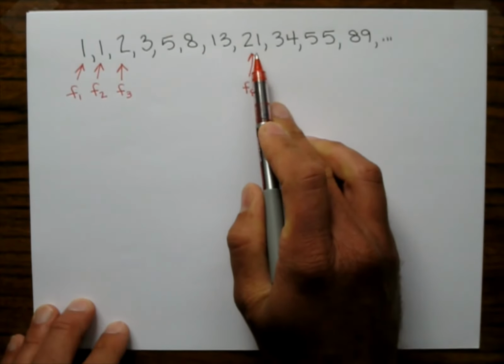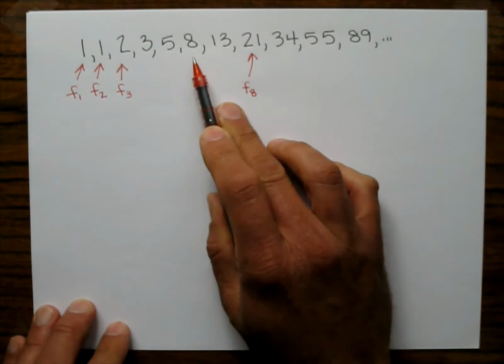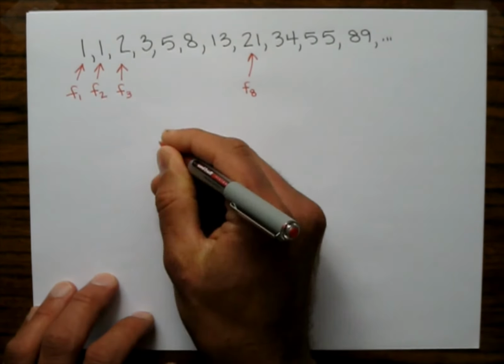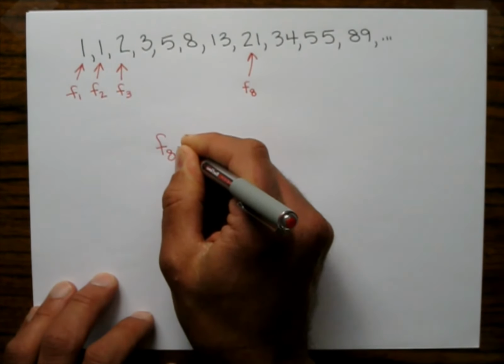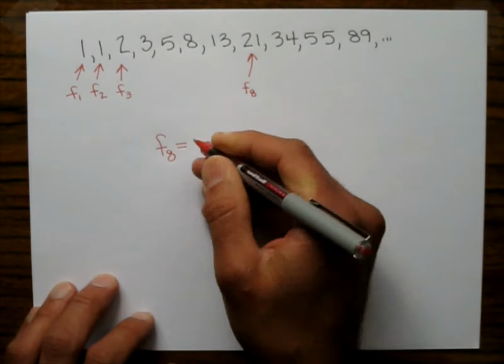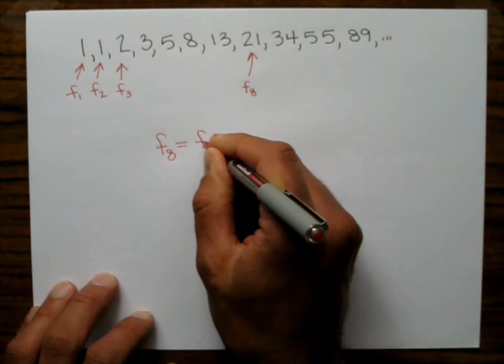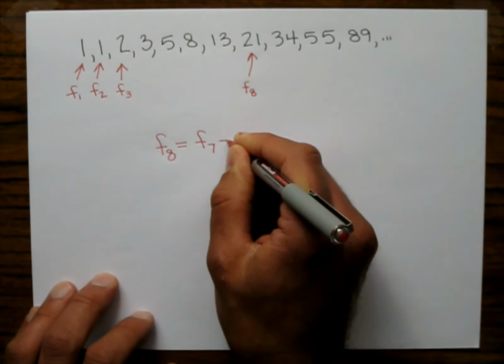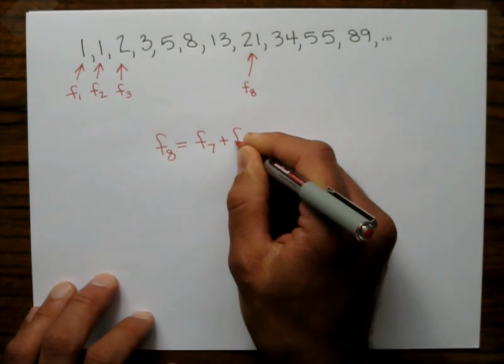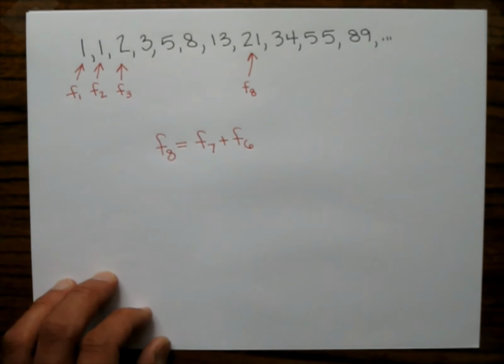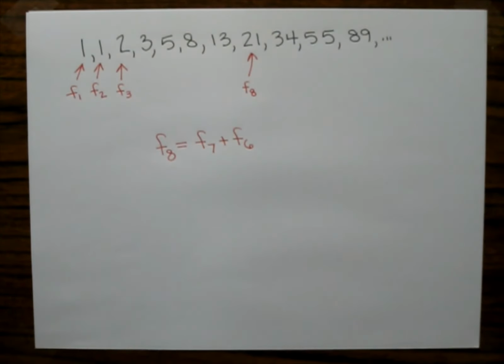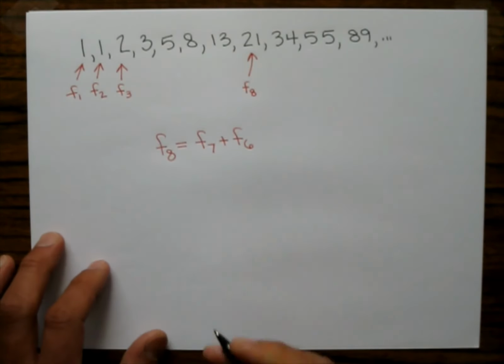Now, 21 is gotten by adding the 2 previous Fibonacci numbers. So F8 actually equals F7 plus F6. So in the Fibonacci world, they have a formula called a recursive formula.